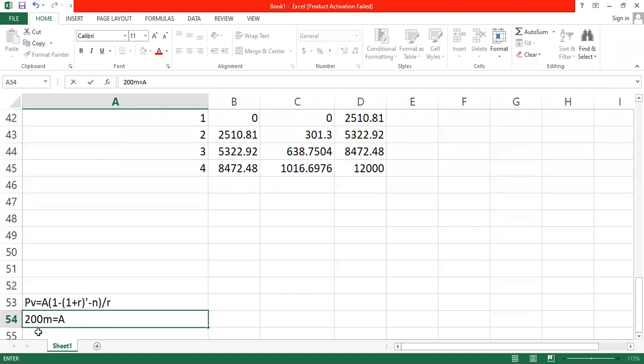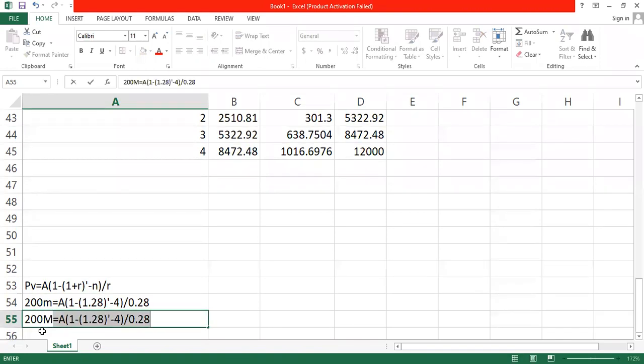No. So we have A into brackets 1 minus 1.28 exponent negative 4, divided by 0.28. What is the interest rate? 28%.